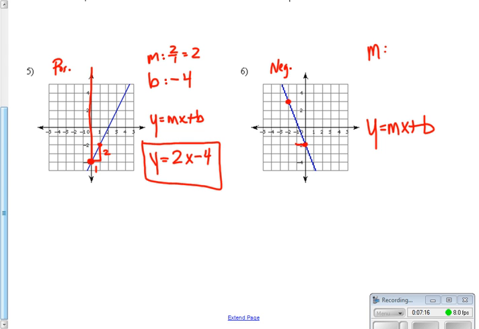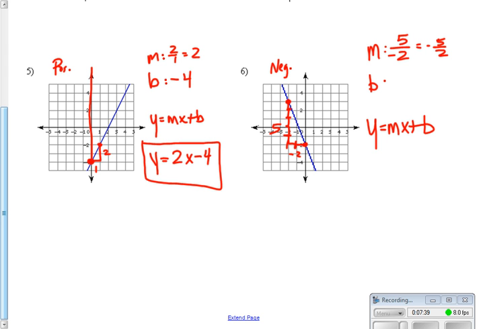I'm going to start here. I move to the left 1, 2 units. This would be negative 2 when I move to the left. I go up 1, 2, 3, 4, and 5 units. When I move up, that is positive. My rise being 5, my run being negative 2. So my slope is negative 5/2.